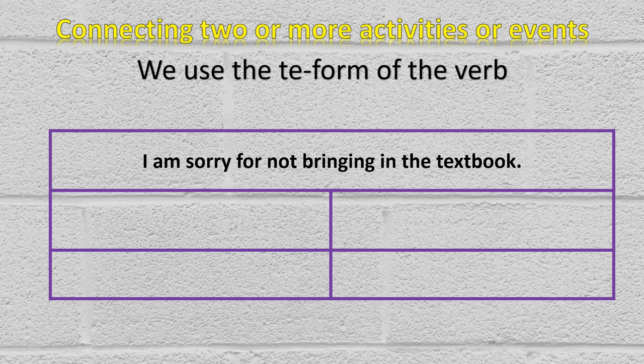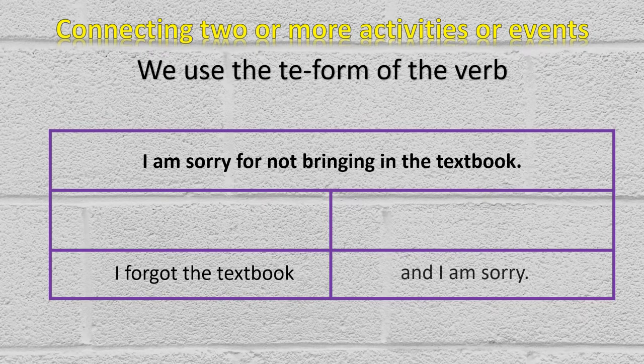It's the same here. I'm sorry for not bringing in the textbook. So here, there are two phrases. I forgot the textbook. And I'm sorry. Okay? But in English, it is translated as, I am sorry for not bringing in the textbook.